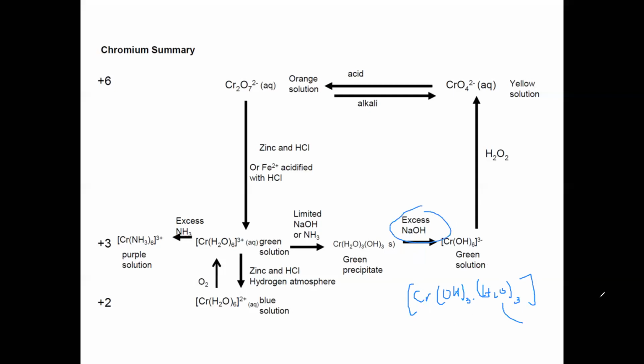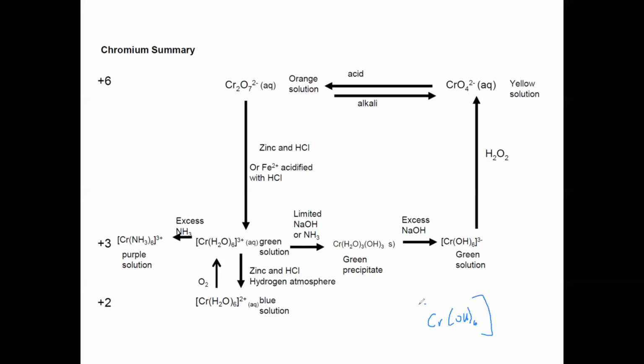Then more protons are being lost, which means this chromium hydroxide is acting like an acid. First the complex was acting like an acid, but now the chromium hydroxide is acting like an acid, and it lost all of the protons from the water molecules which were left. So what will it turn into? It will turn into [Cr(OH)6].